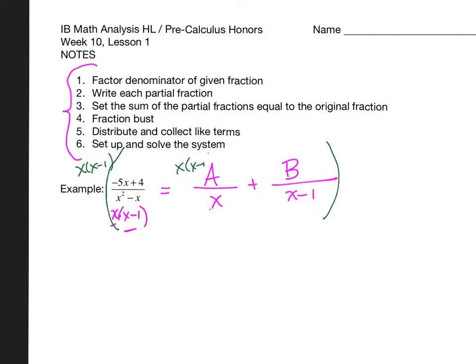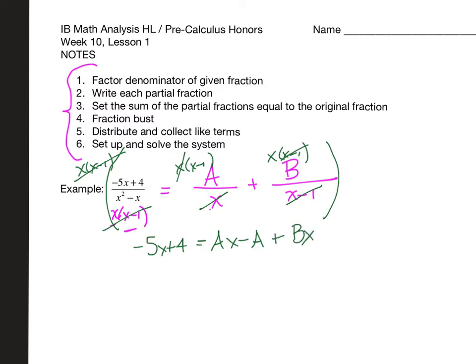Here, this denominator cancels with this, and I get negative 5x plus 4. On the second fraction, the x's cancel, and when I distribute the a, I get ax minus a. And on the third fraction, when those cancel and I multiply together, I get bx.